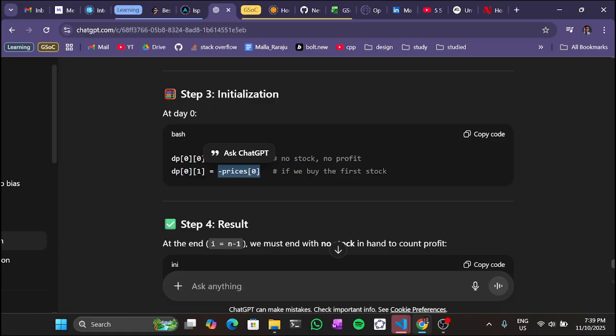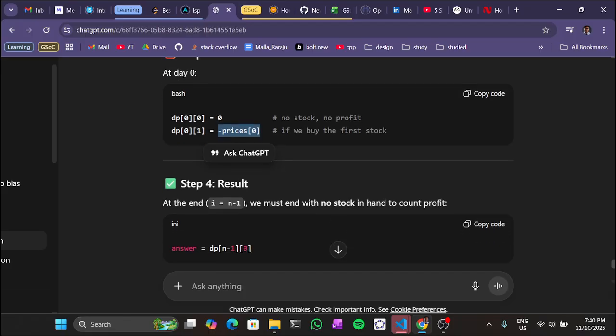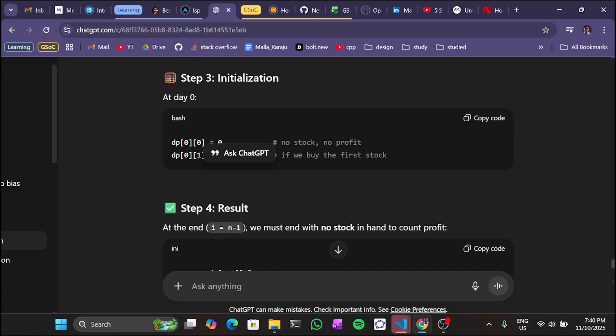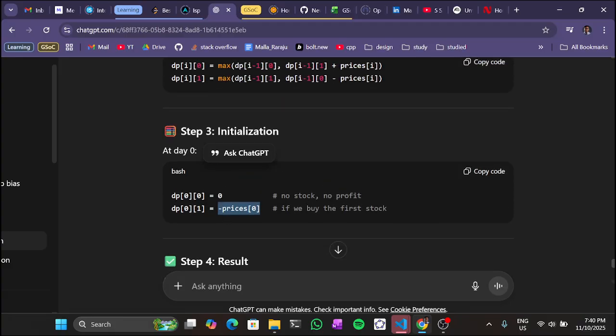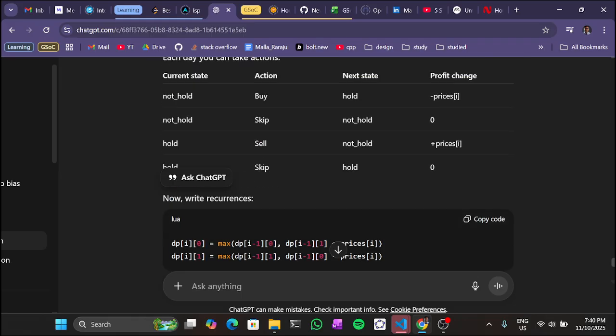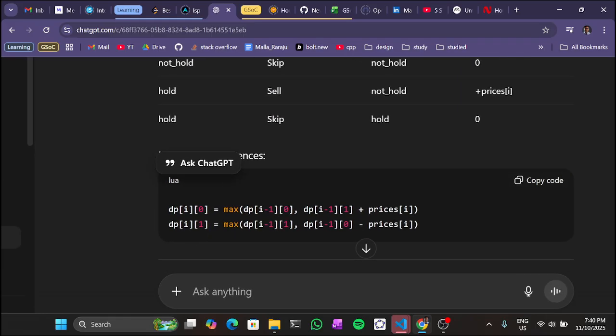For example, if we have to buy a stock of 7 cost, we take it from our profit, which makes our profit minus 7. If you don't buy a stock, you have no profit, so 0. So the first choice is not to buy.